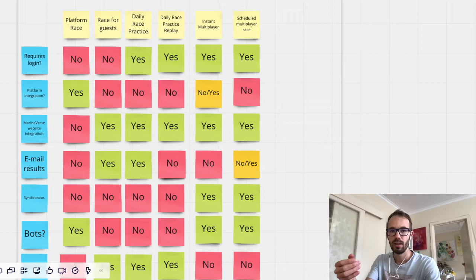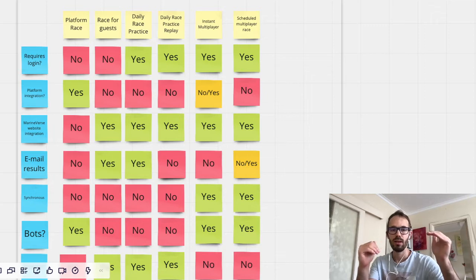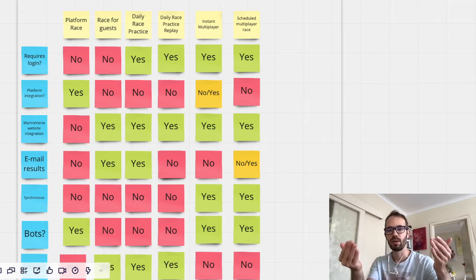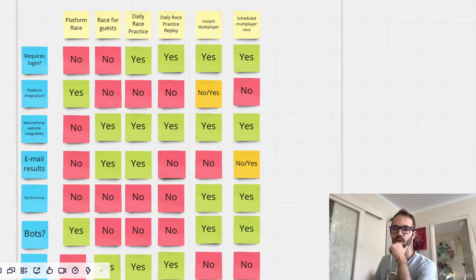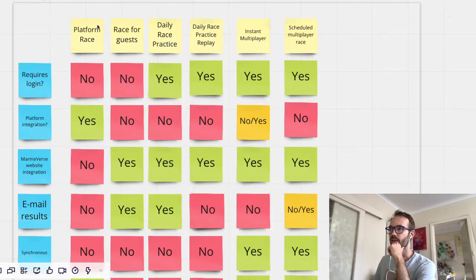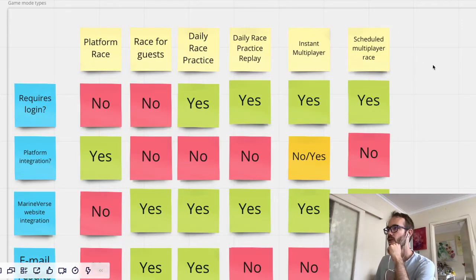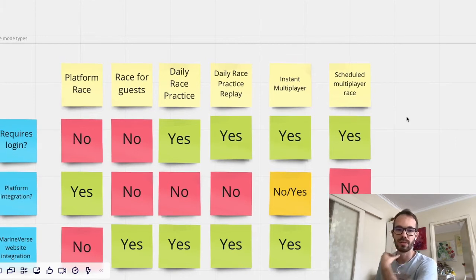This is a short MarineVerse Cup devlog where we will discuss different game modes that currently exist in the MarineVerse Cup, and we'll go through this matrix you can see on the screen where we'll compare and discuss how those different game modes differ from each other based on different features. So let's start by having a look at the game modes themselves.